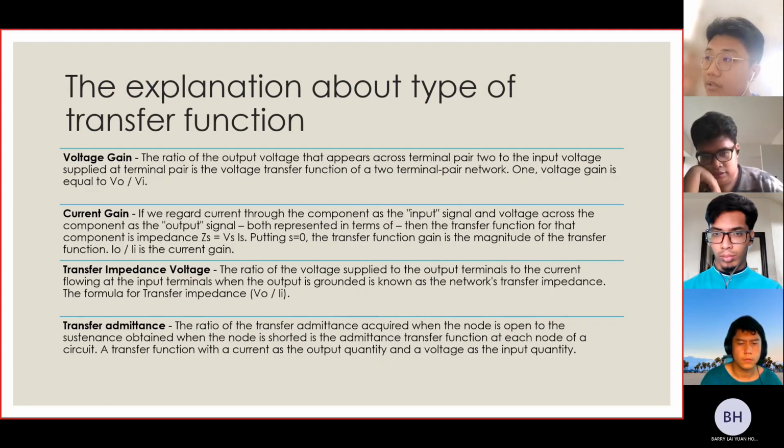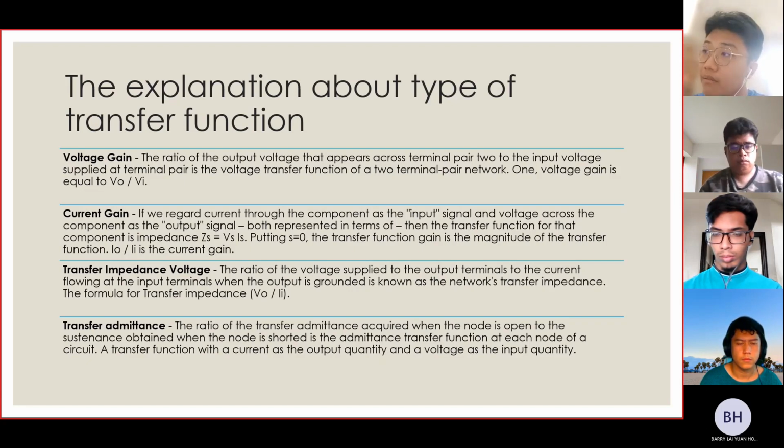If you regard the current through the component as the input signal and the voltage across the component as the output signal, both are represented in terms of the transfer function. For that component the impedance is Z equals V over I. When we put the value of s equals 0, the transfer function gain is the magnitude of the transfer function, I out over I in, which is the current gain.